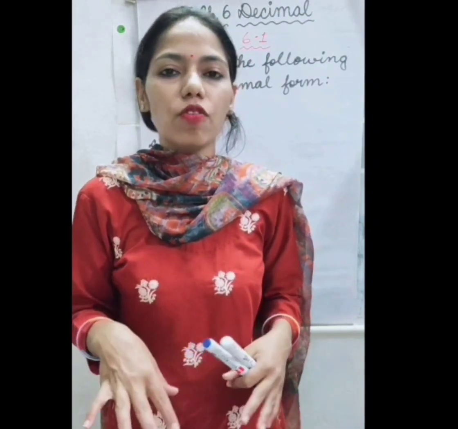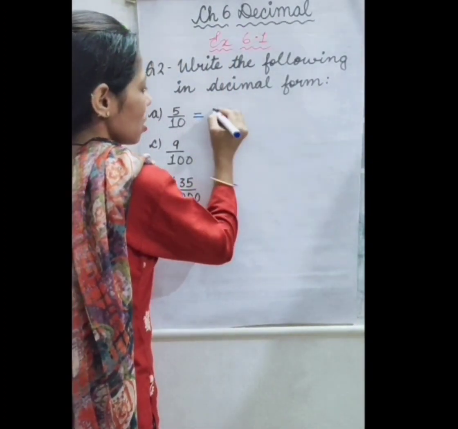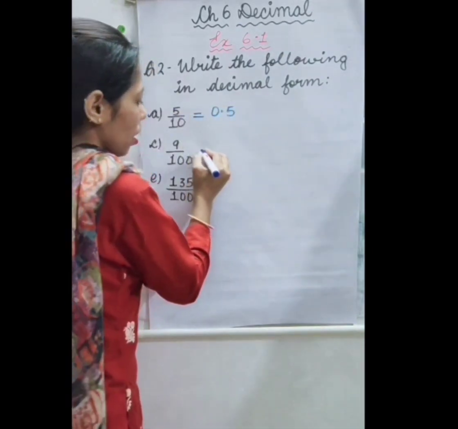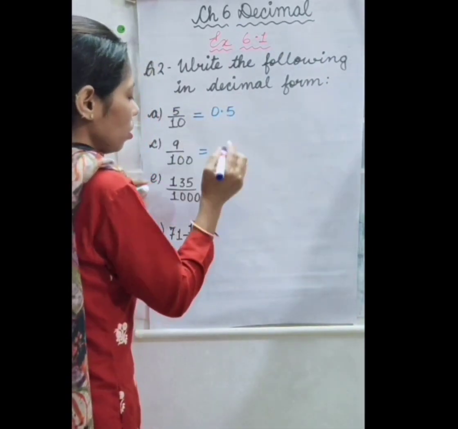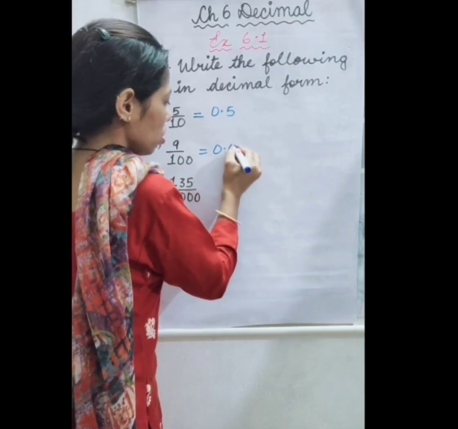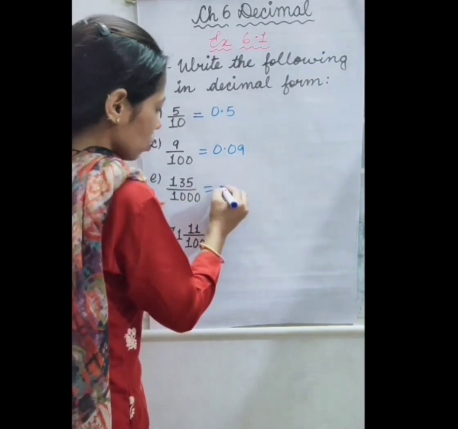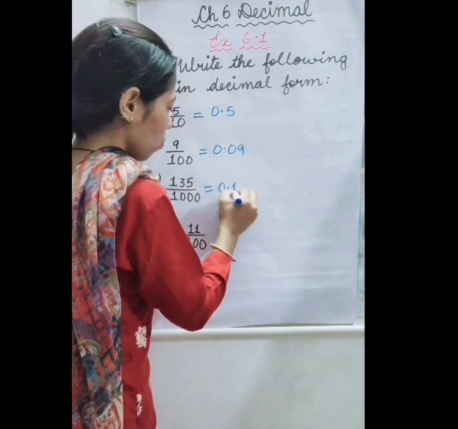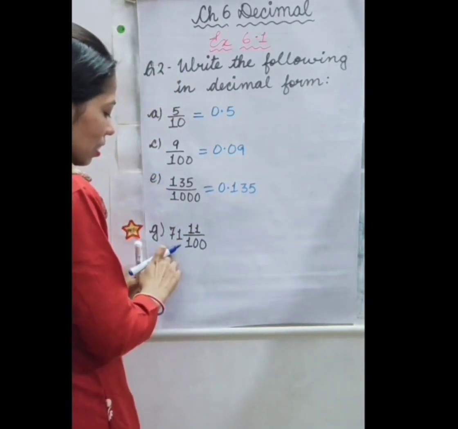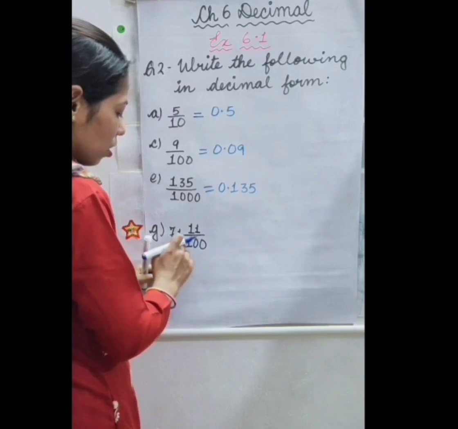So 5 by 10 we can write as 0.5, and 9 by hundreds can be written as 0.09, 135 by 1000 is 0.135.